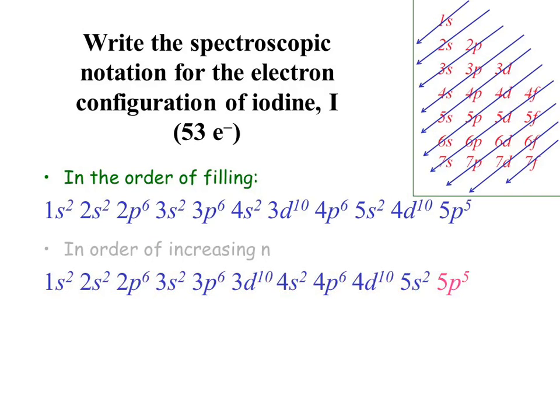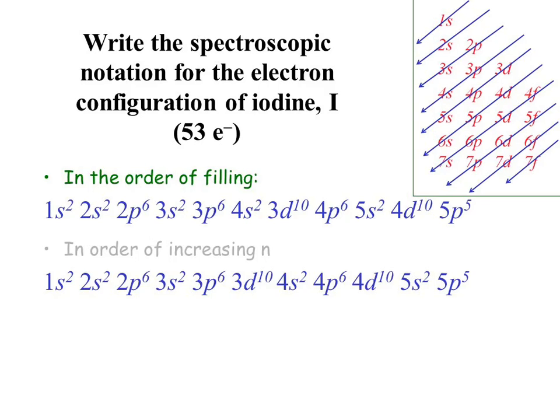Unscrambling them: 1s2, 2s2, 2p6, 3s2, 3p6, 3d10, 4s2, 4p6, 4d10, and it peters out with 5s2, 5p5.